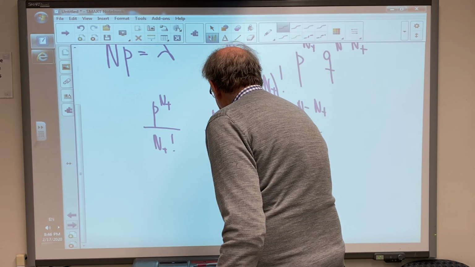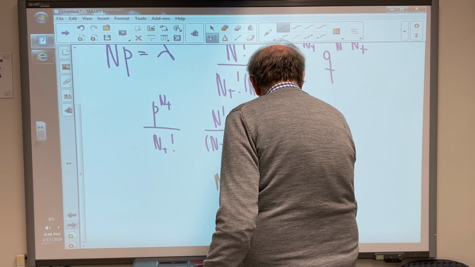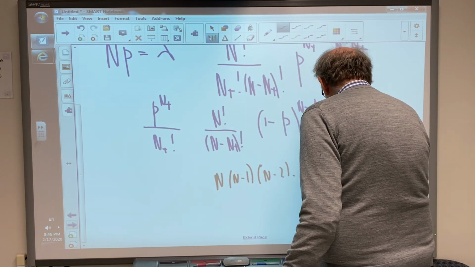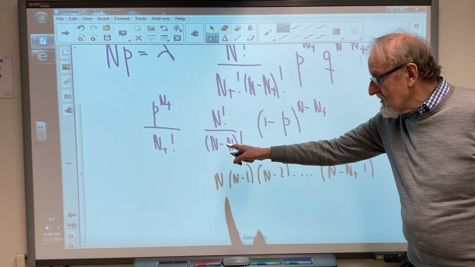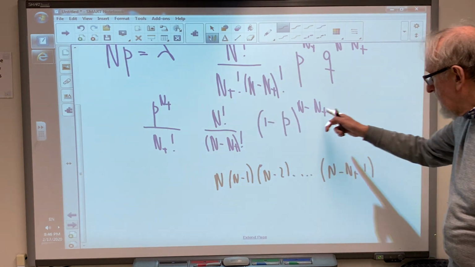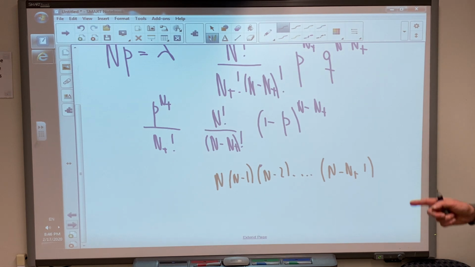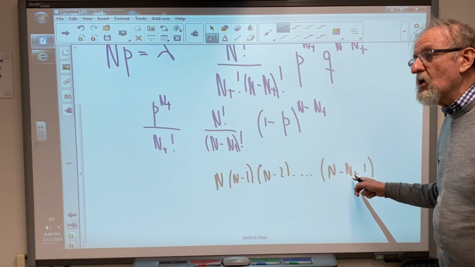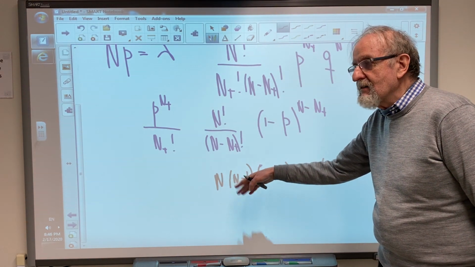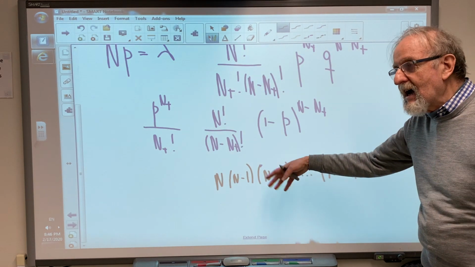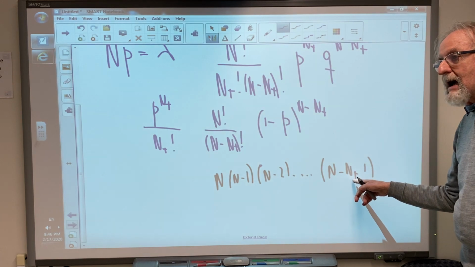This is n times n minus 1 times n minus 2, all the way to n minus n plus plus 1. That's exactly what that is. The factorial is the product all the way to 1, but since I have at the bottom all the other ones, I have these numbers. And you see, n plus is much smaller than n. So if this number is a billion, this is 999,999,999, and this is 999,900,000, and it stops very close to that, because n plus is a small number.